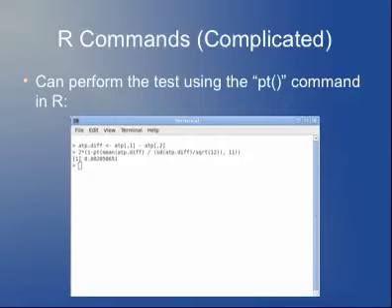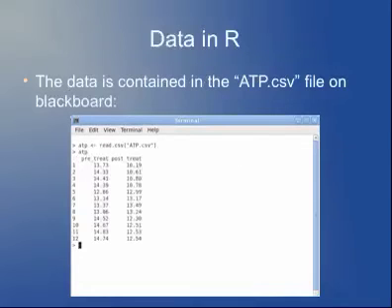Basically, I define this variable ATP.diff to be the difference between the pre-treatment ATP levels and the post-treatment ATP levels. Recall that in R, if I use the syntax ATP square bracket comma 1, that gives the first column of this data frame. And if I go ATP square brackets comma 2, that gives the second column of this data frame.